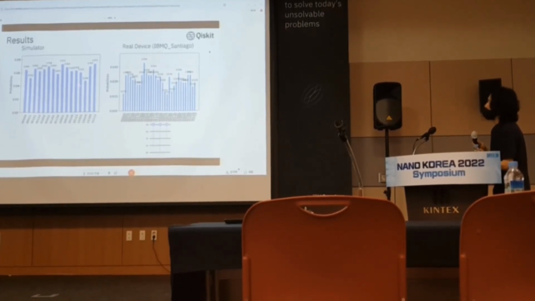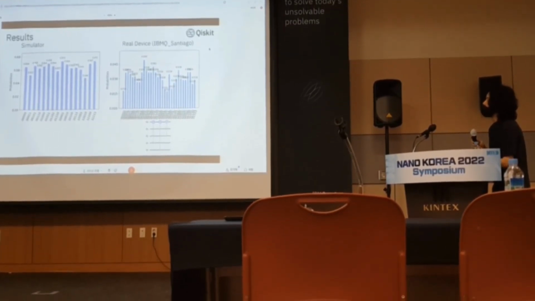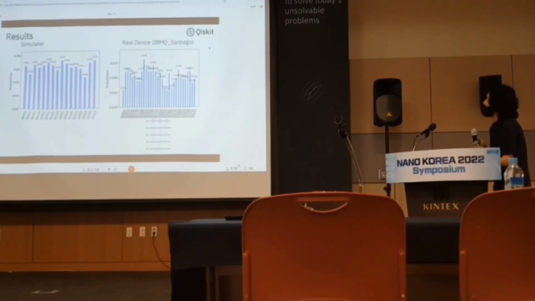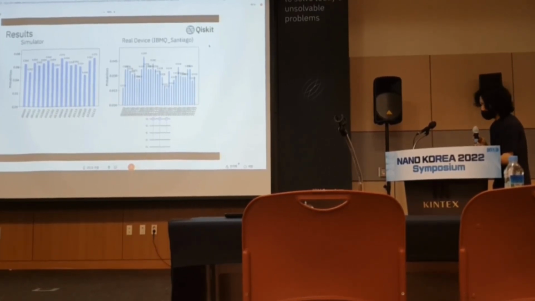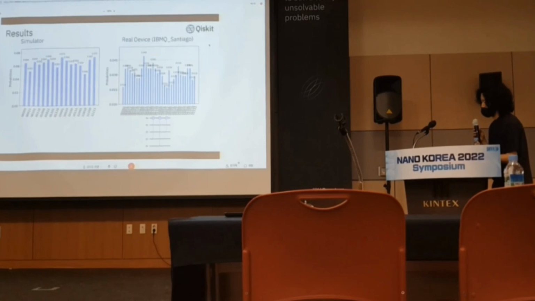Here are our implementation results. In the real device, there are too many states compared to the simulation results. We expected only 16 states like the simulation results, but there are too many.